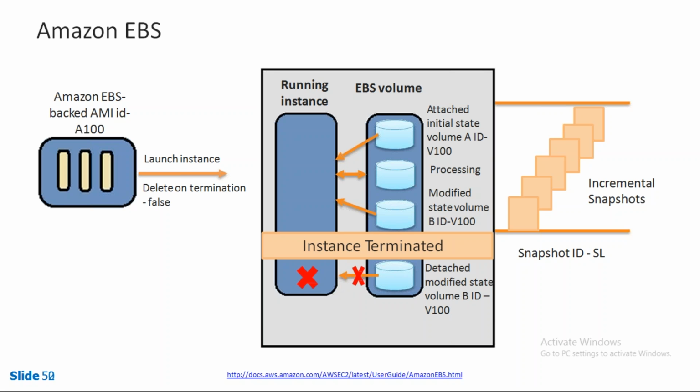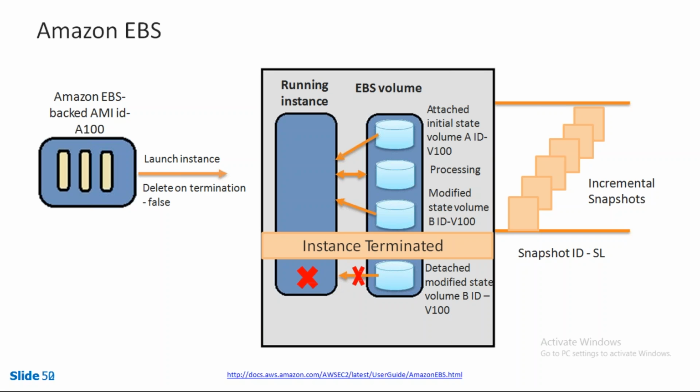But if you launch an instance using an EBS backed AMI, you can have your data safe even after you terminate the instance. How is that possible? Because EBS backed AMIs give you the option of taking additional volumes, and those volumes can be treated as root volumes.